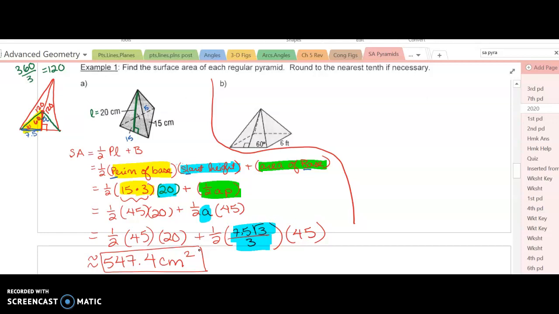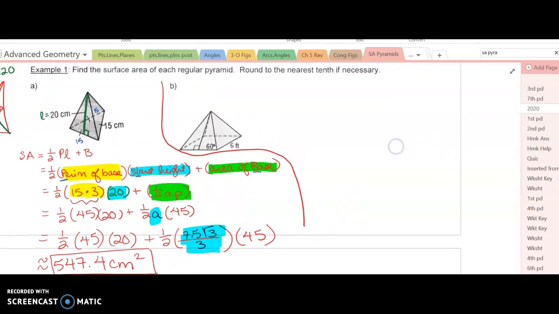Okay, so let's look at another one over here in part B. Again, a regular polygon, same formula: surface area equals 1/2 PL plus B. If you need to reference what that means, you certainly can. So 1/2 times, if each side of this square is 6, we know our perimeter will be 6 times 4.